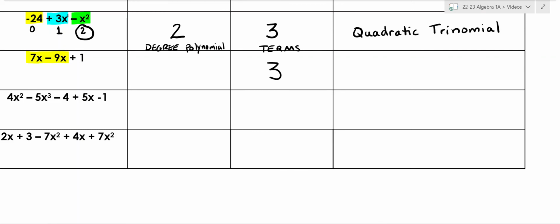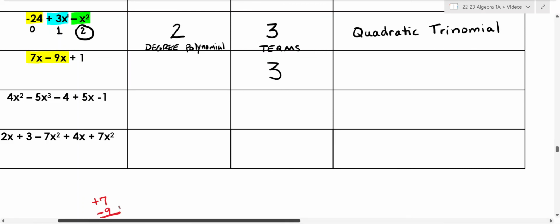So in our brains, we should be thinking, a positive 7 and a negative 9. Let's see, a different color, so I don't get too confused. All right, so in our brains, we're like, positive 7, negative 9. What does that give us? That gives us a negative 2, right?